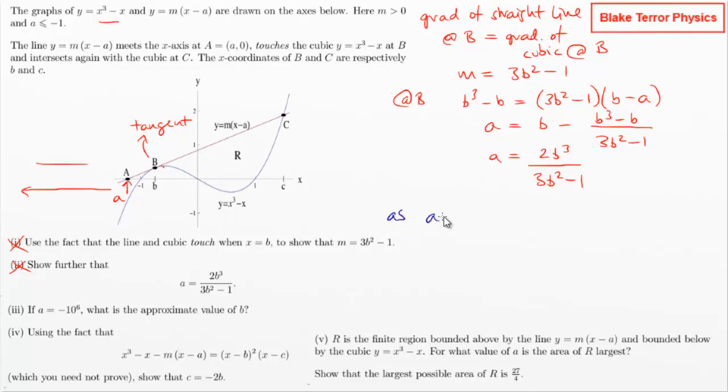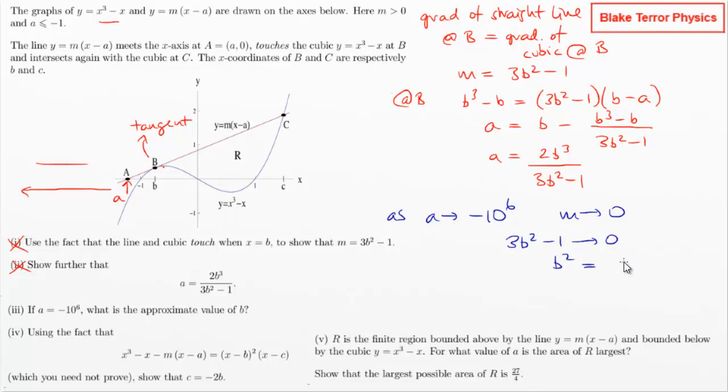So let's write some of this out. As a goes to minus 10 to the 6, m is going to be tending towards 0, which means 3b squared minus 1 tends to 0. So b squared will be equal to a third.